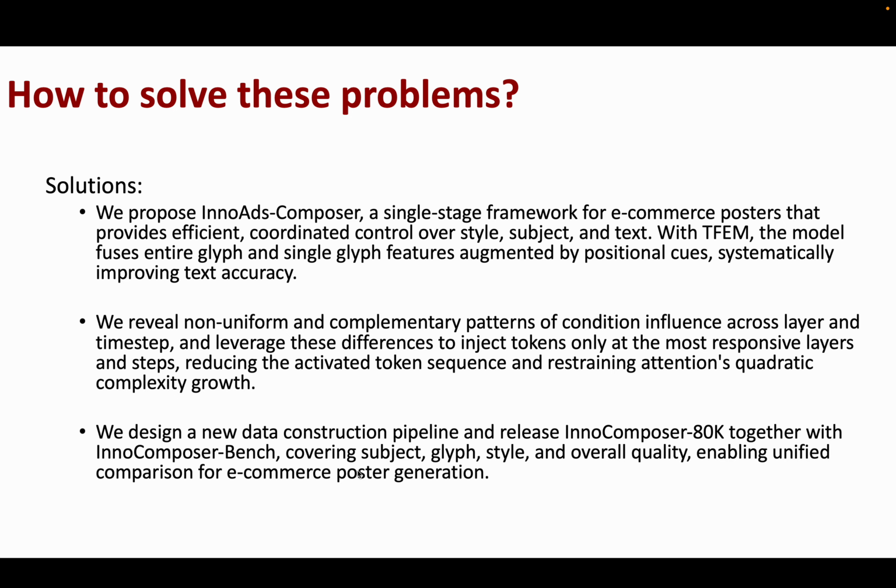Besides, we design a text feature enhancement module, TFEM, that integrates features from both glyph images and glyph crops. To support training and evaluation, we also construct a high-quality e-commerce product poster dataset and benchmark, which is the first dataset that jointly contains subject, text, and style conditions. Extensive experiments demonstrate that InnoAds-Composer significantly outperforms existing product poster methods without obviously increasing inference latency.